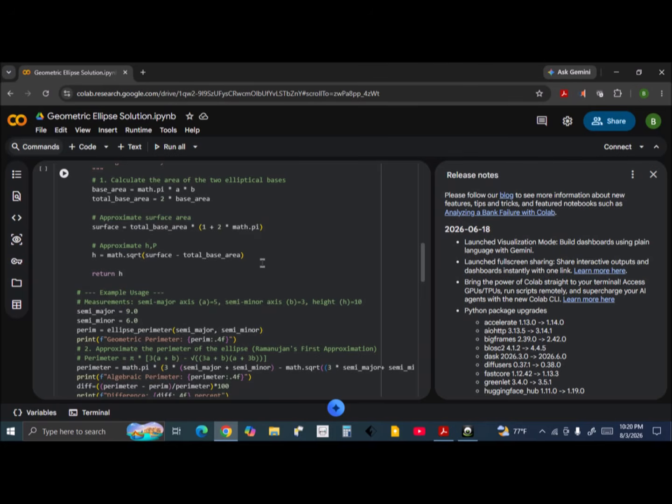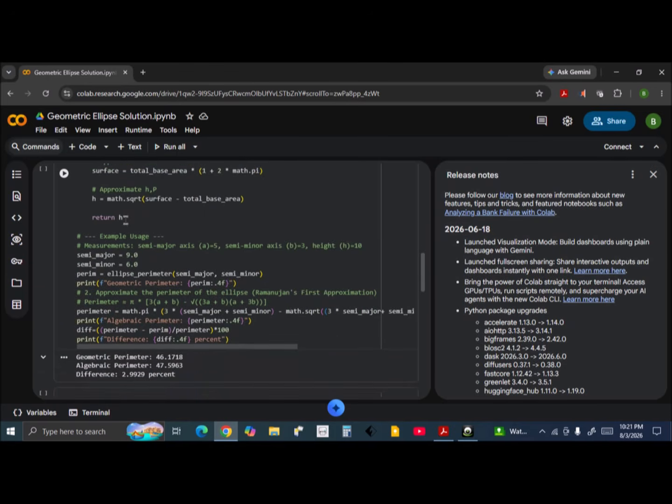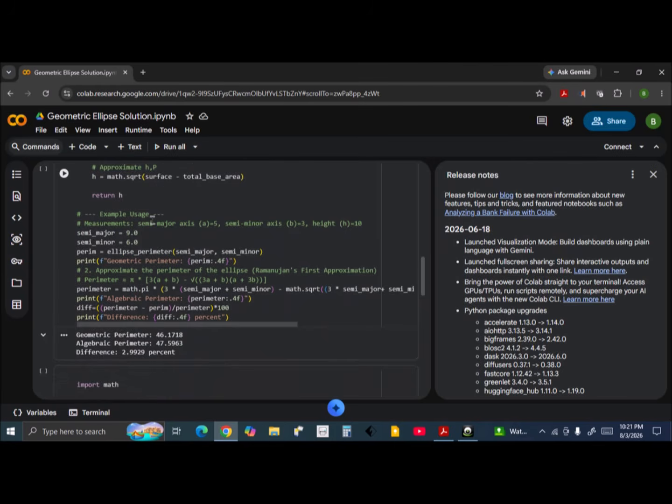And then to solve for the height of that particular elliptical cylinder, I would use the formula h equals the square root of the surface minus 2 pi ab, total base area. As before with my hand calculation, it would return that height, and that would represent the perimeter.